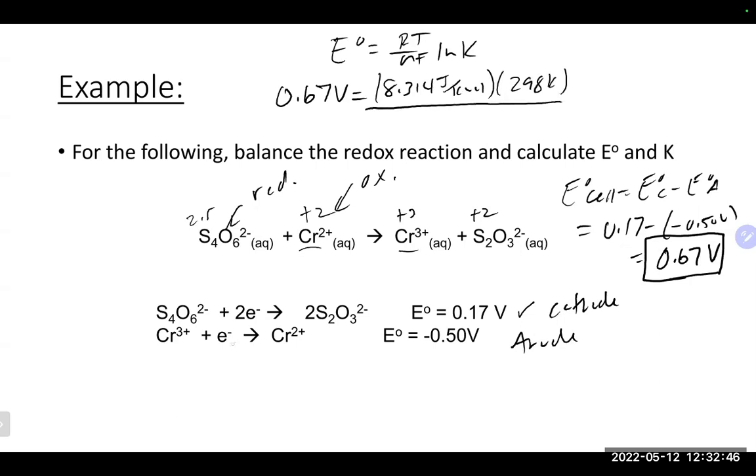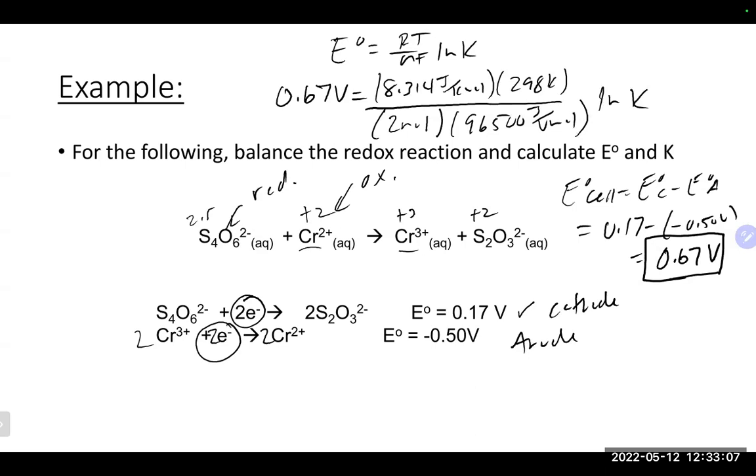Our moles of electrons, we can see we do need to multiply this guy by 2, right, to get these to cancel out. So we should be going with 2 moles on this one. And our Faraday's constant, 96,500 joules per volt per mole. And natural log of K.